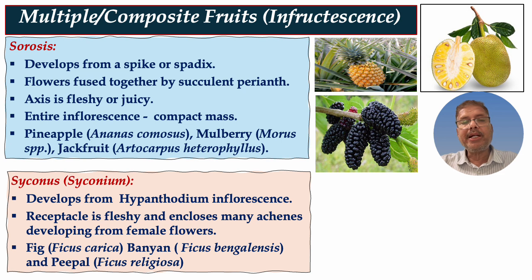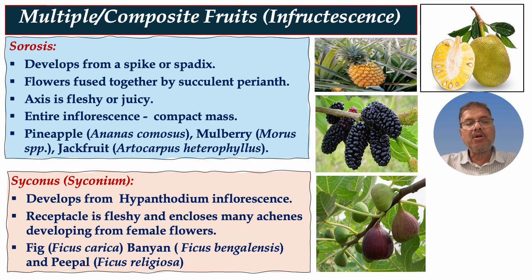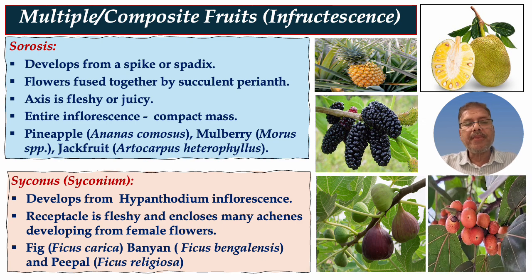Examples include pineapple, mulberry, jackfruit, etc. A syconus fruit, also known as a syconium, develops from a hypanthodium inflorescence, where the flowers are borne inside a fleshy, hollow, pear-shaped receptacle. The receptacle becomes fleshy and encloses numerous tiny fruits or achenes. They develop from the individual female flowers inside. The examples are fig, banyan, peepal, etc.